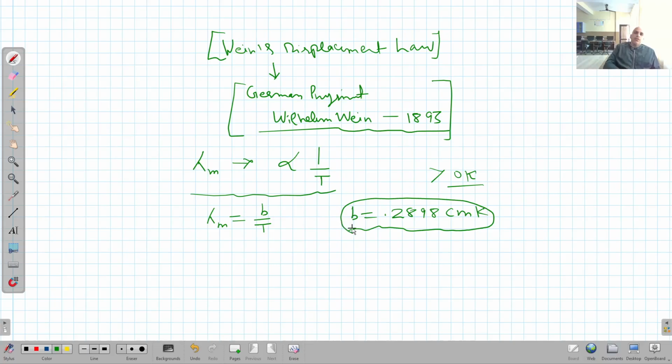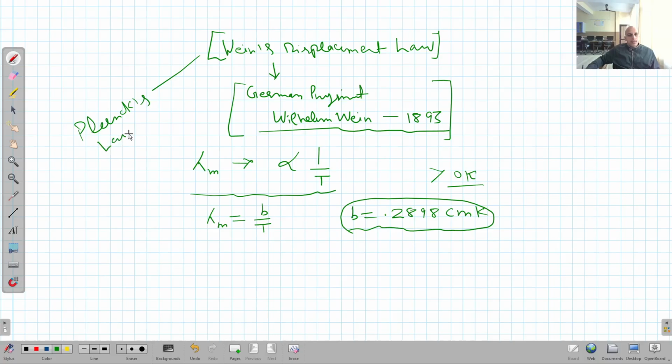Now, first of all, we will understand what is the importance of this law and how we can derive this law, right? As far as the derivation of this Wien's displacement law is concerned, we are going to derive it by using Planck's law.